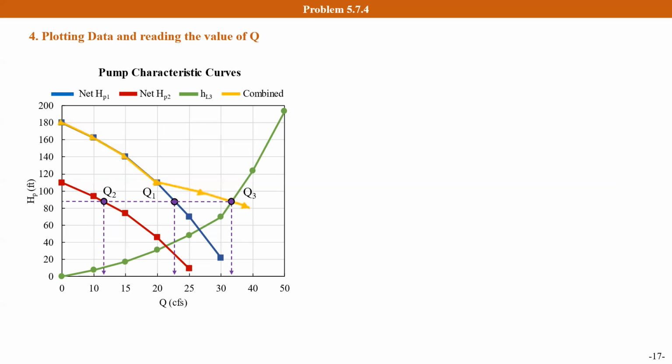We calculate the yellow line by adding the corresponding flow rates with the same pump head on the red line and the blue line. For instance, the distance between the y-axis and the purple dot, we represent it by x. This distance should equal the distance between these 2 points.